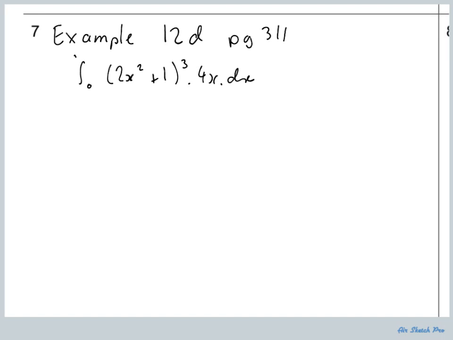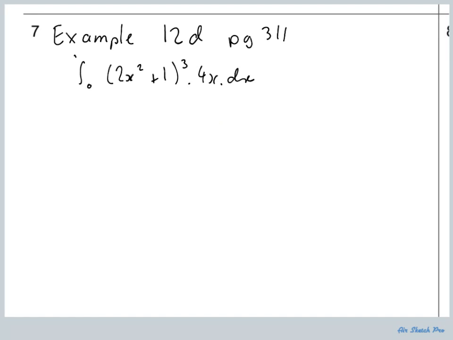Now, at first blush, that's a very doable problem, but laborious and long. Could you imagine? You could use Pascal's triangle or binomial theorem to expand (2x squared plus 1) all cubed to get a whole heap of terms. And then you could expand by multiplying 4x through to each of those terms. That will give you a whole range of terms which you can then anti-differentiate and then evaluate on the interval.